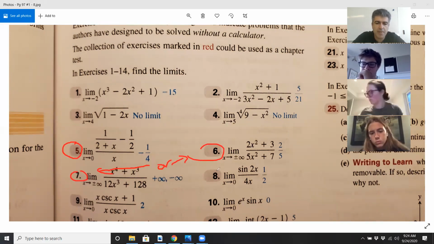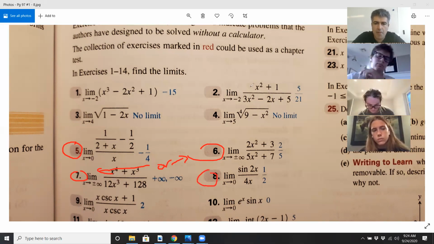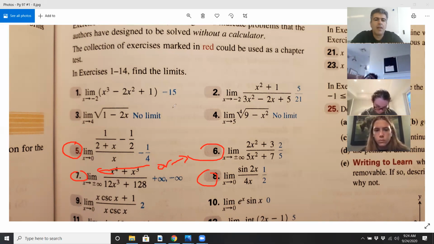Some combination of number 8 probably will make the cut as well. And probably, now 1 and 2 are too easy. Or maybe I'll just give you guys a gimme, like 1 or 2, we'll see.